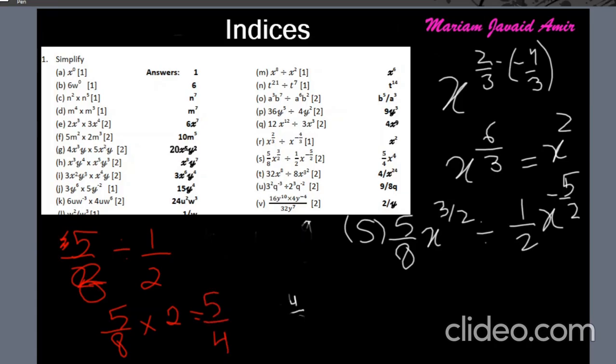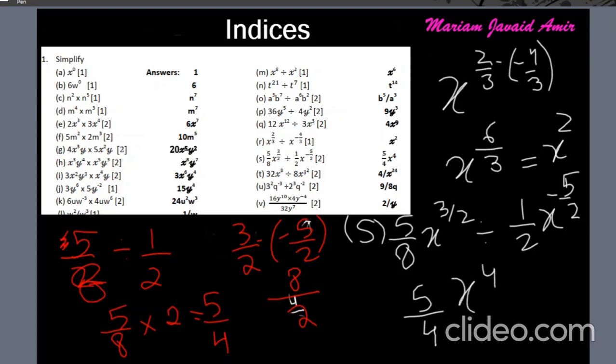So we get 5 by 4, and then we need to subtract the powers. So the powers are 3 by 2 minus minus 5 by 2, so they get added. We get 2 in the denominator and 5, 6, 7, 8 in the numerator. So we get x power 4.